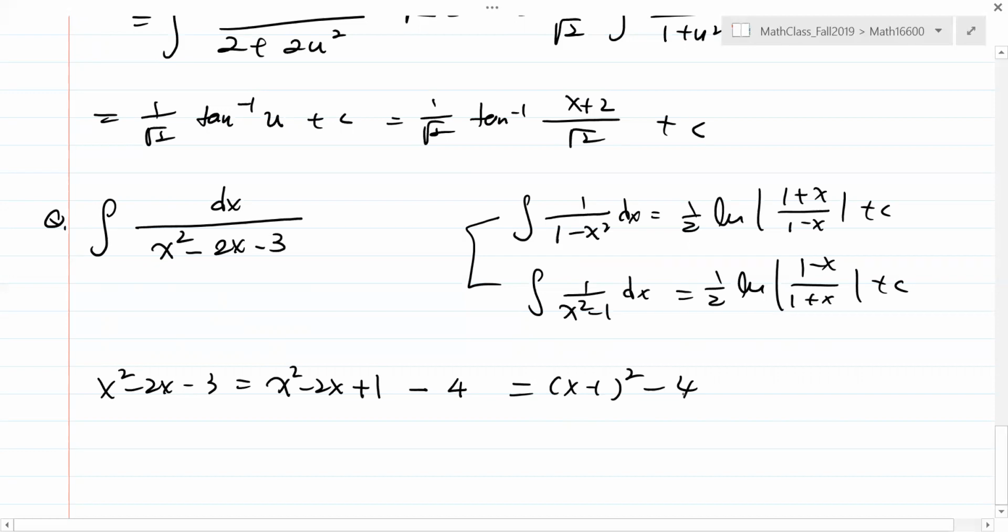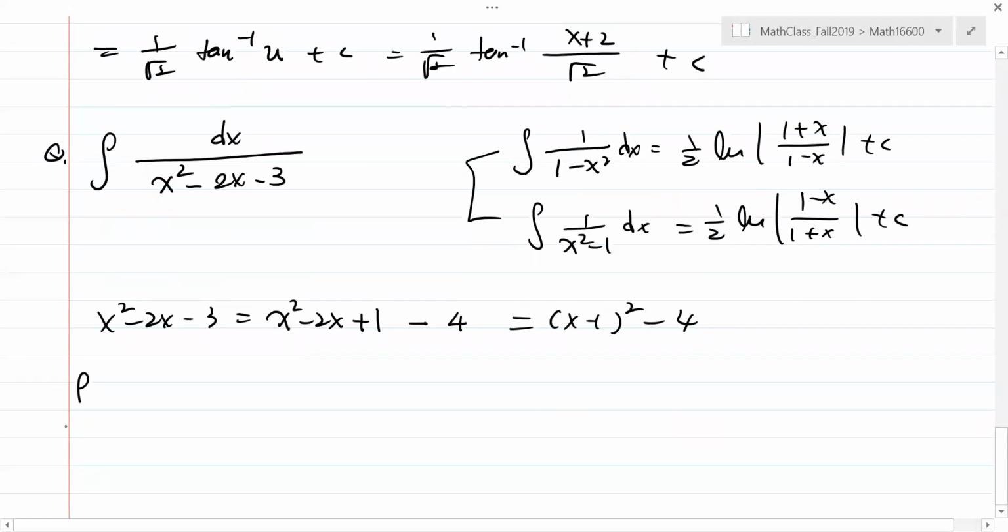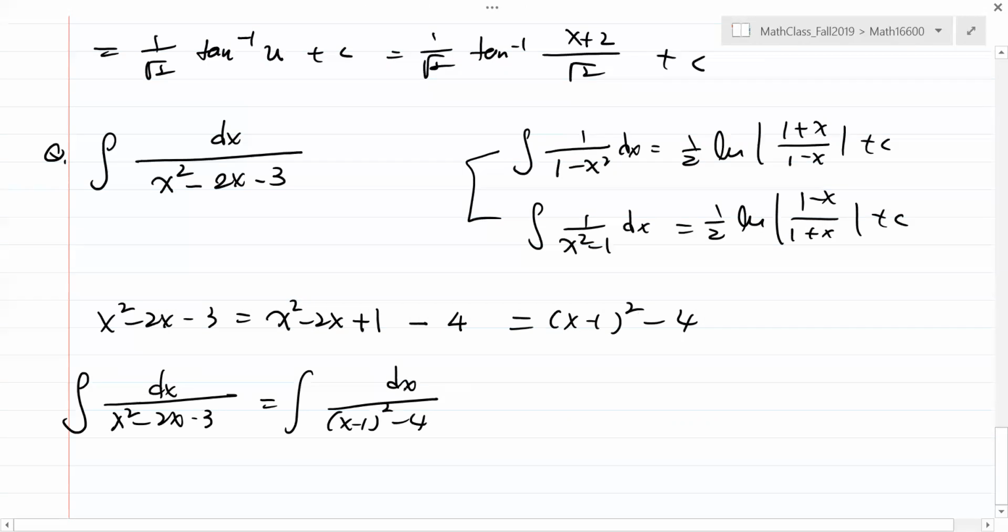All right, so now the integral becomes this.